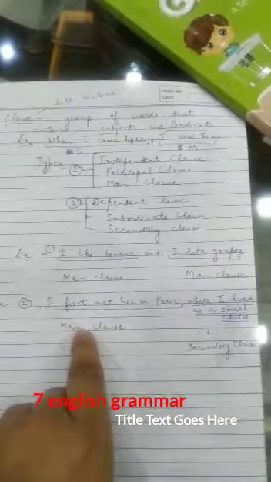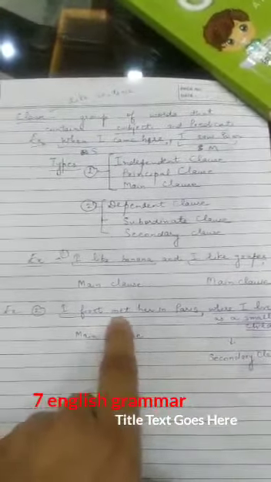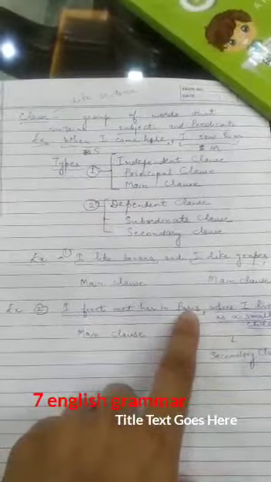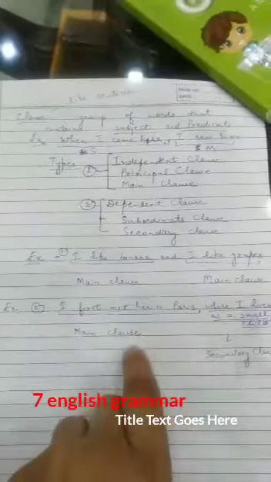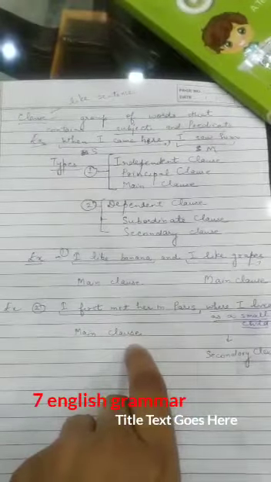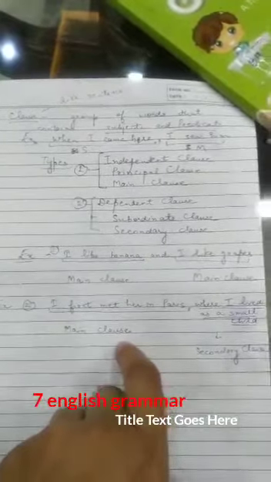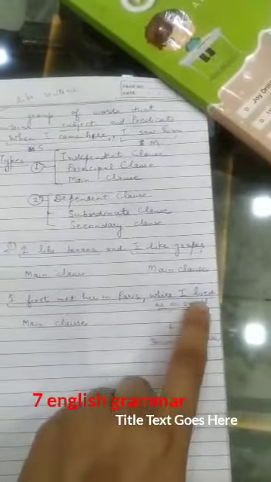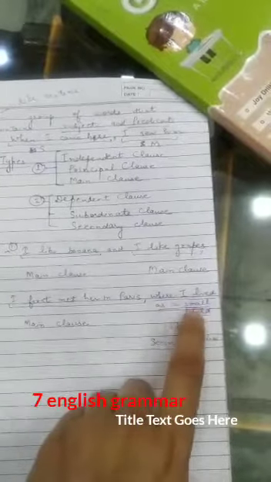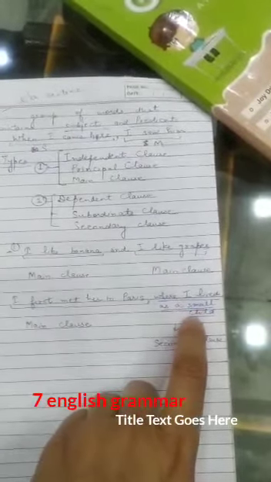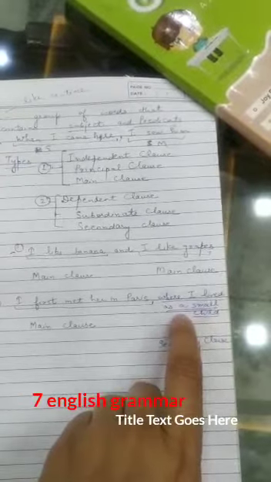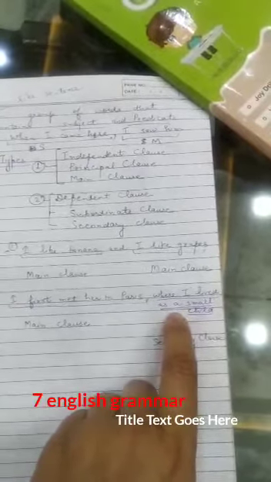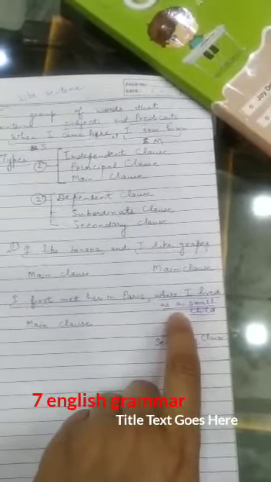Look at the second sentence, I first met her in Paris. The sentence is giving us proper information, so we can say that it is a main clause. And now look at the other part of the sentence, where I lived as a small child. When you read it separately, it is not conveying any proper information.